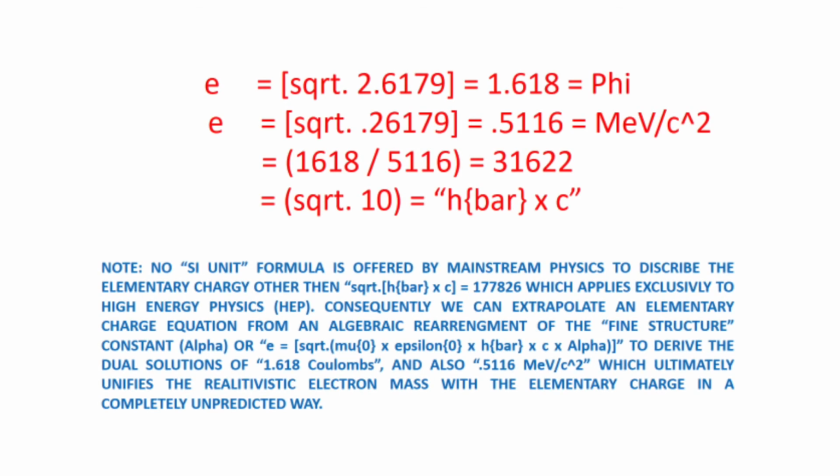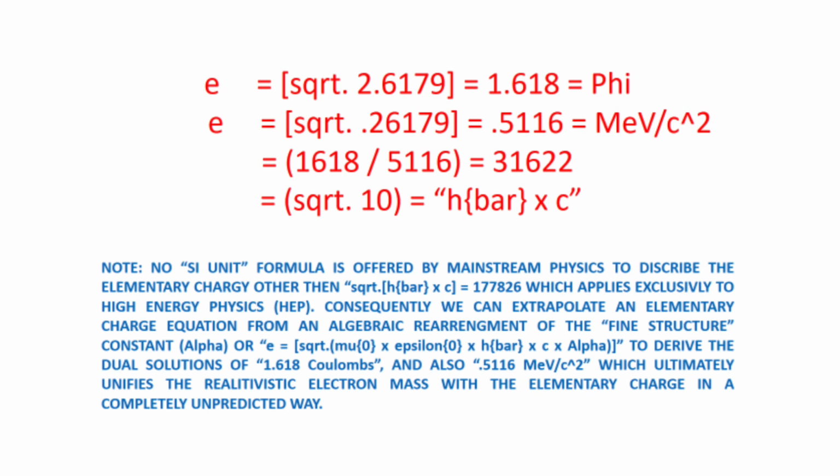The squared representation of the elementary charge within the alpha constant equation is also cryptically represented, which surreptitiously is a means of implying two possible numerical solutions for that fundamental charge value if its decimal point is shifted by one magnitude or if it is multiplied by square root 10, which also happens to be exactly equal to h bar times c.